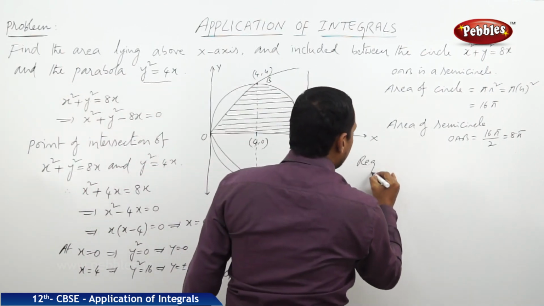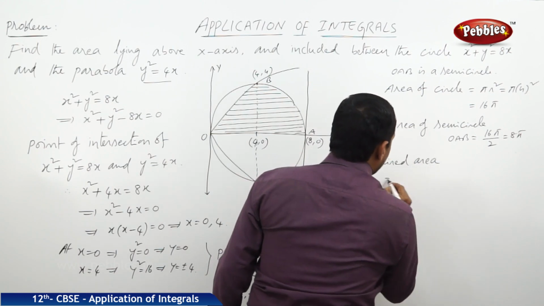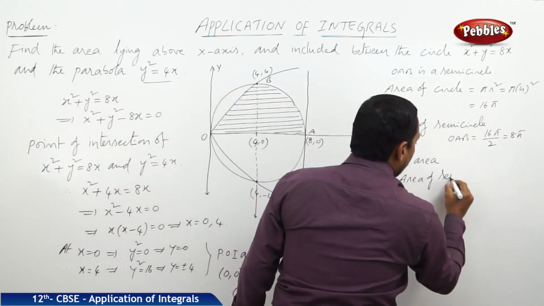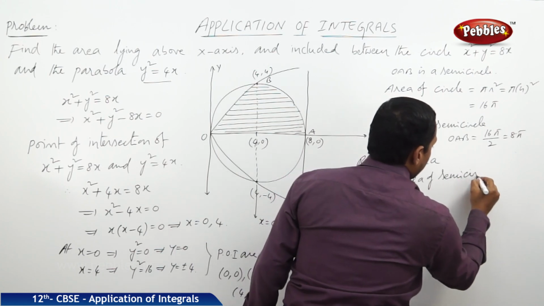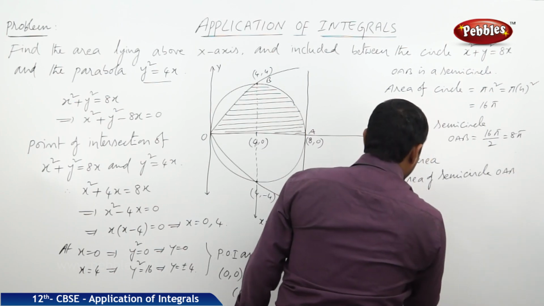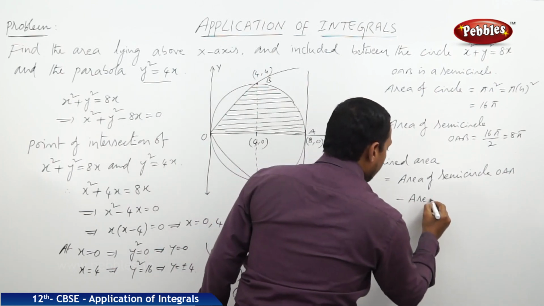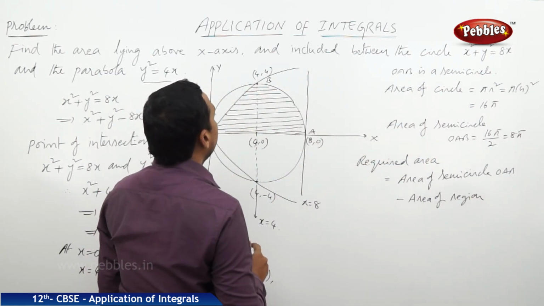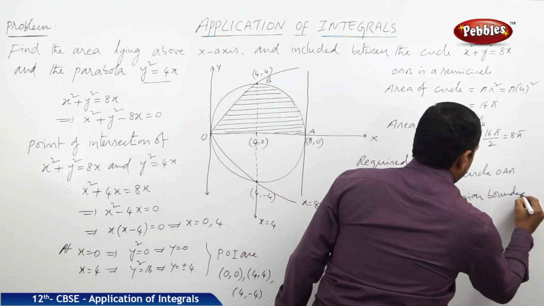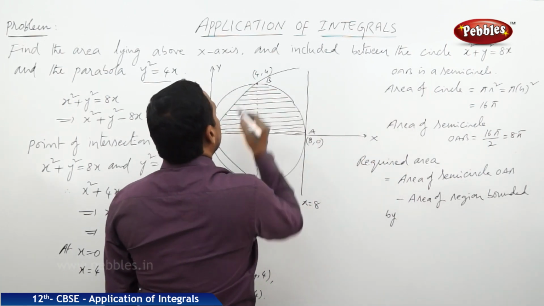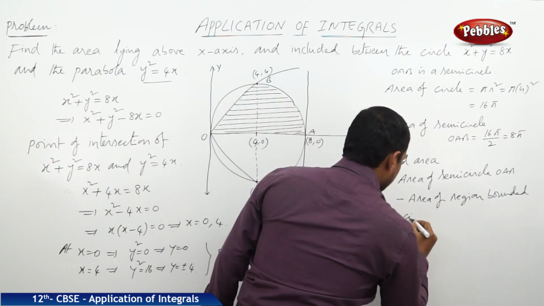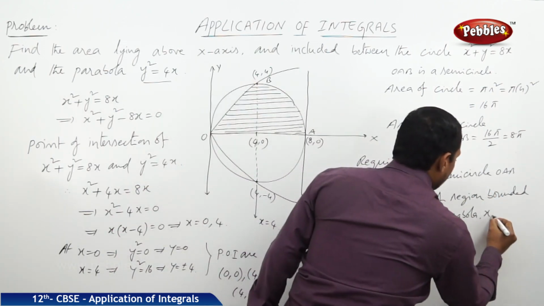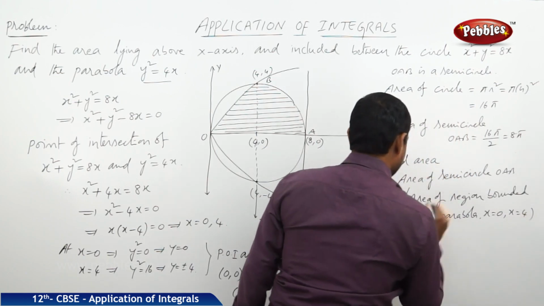Therefore, the required area is equal to the area of semicircle OAB minus the area of the region bounded by the circle and parabola with x equal to 0 and x equal to 4.